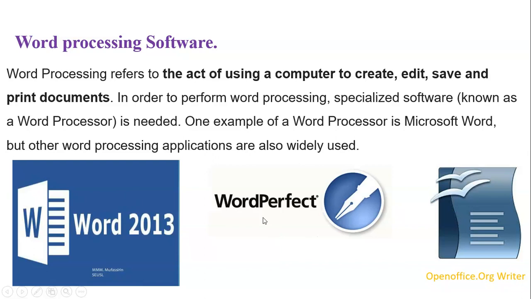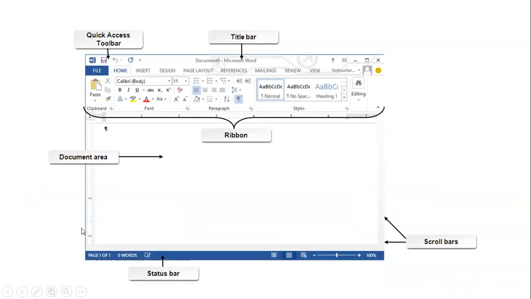For all these tasks, we use these applications, such as Word 2003, WordPerfect and OpenOffice.org Writer. Right? So I'll show you one video based on this, how this Word application works.